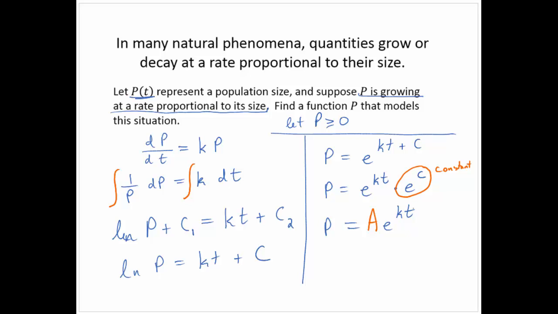Now, what you learned back in algebra is that A was actually what we called the initial value or population. So we often write that P of t is P naught e to the kt, where P naught is equal to the function evaluated at 0.